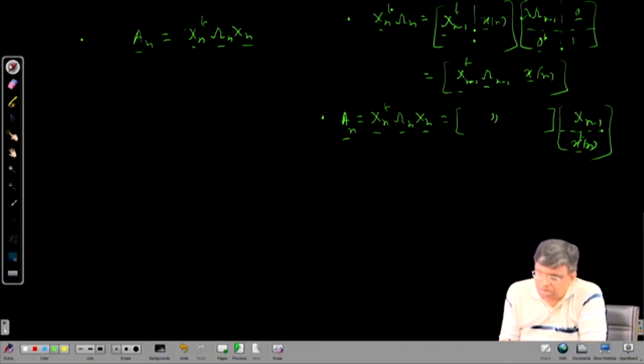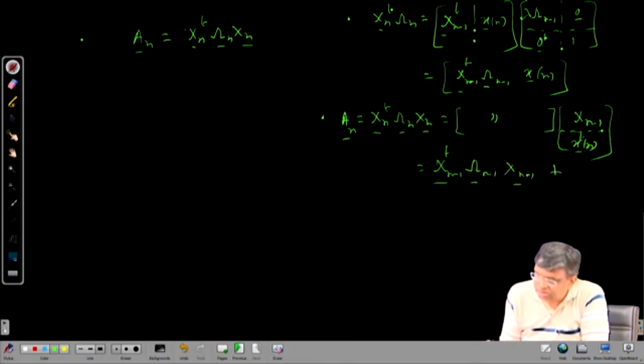By virtue of that block matrix multiplication rule, this block will multiply x n minus 1. So it will be transpose x n minus 1 plus x n x transpose n.